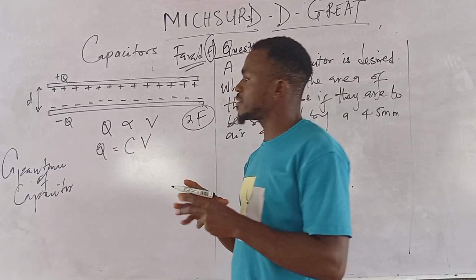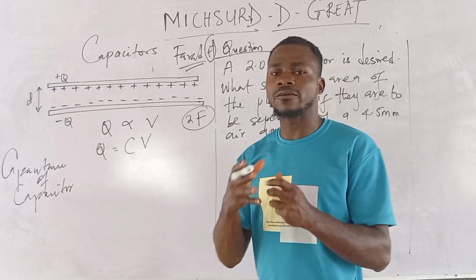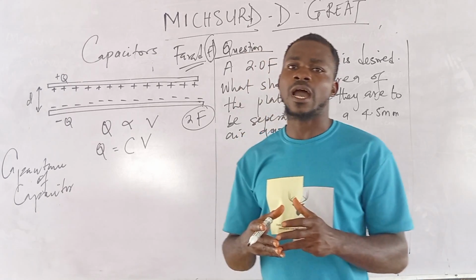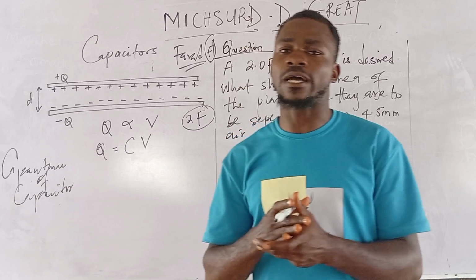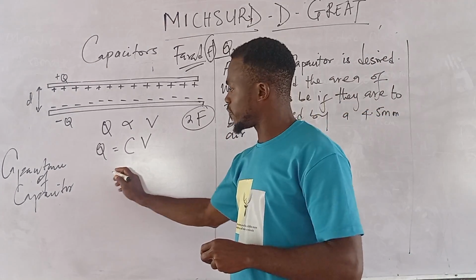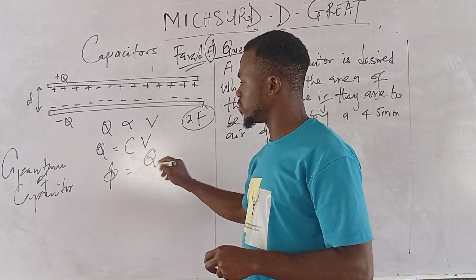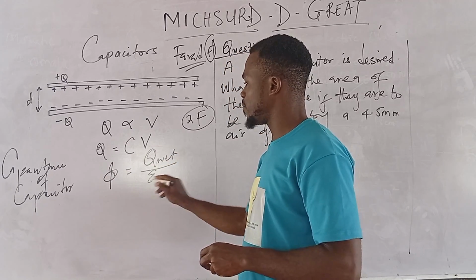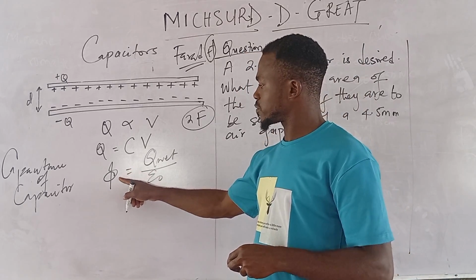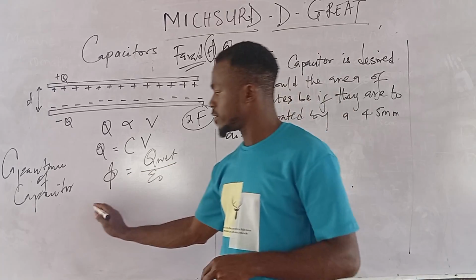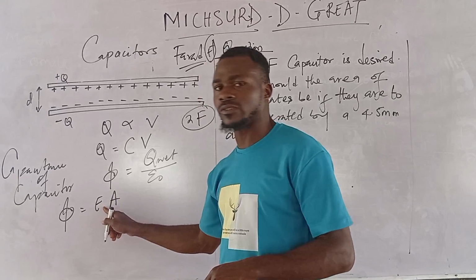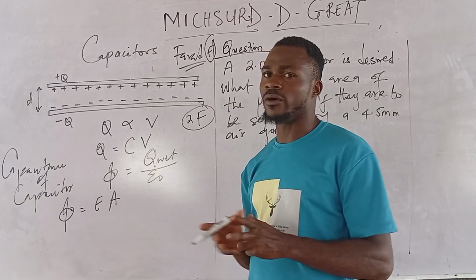We have seen from our last class that Gauss's law gives us a relationship between the electric flux and the net charge with the permittivity of free space. The flux is equal to the net charge over the permittivity of free space. We also said that the flux is equal to the electric field times the area.